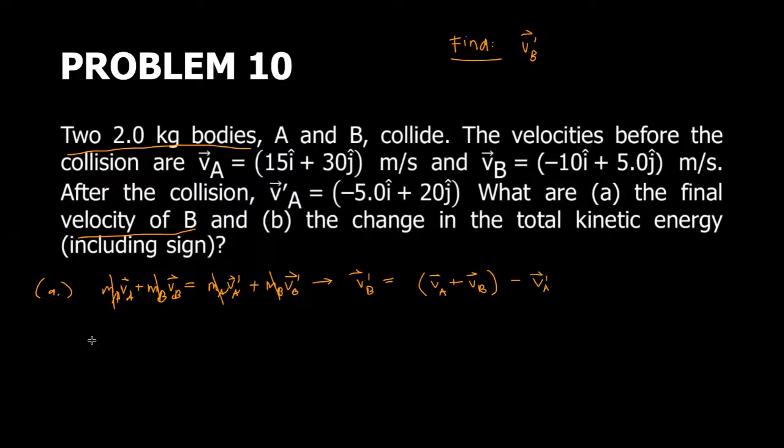So to find that, we're just gonna do some basic addition. V sub b prime is equal to ano yung v sub a natin, that is 15i plus 30j, plus ano yung v sub b, that is negative 10i plus 5j, tapos minus ano yung v sub a prime, that is negative 5i plus 20j.